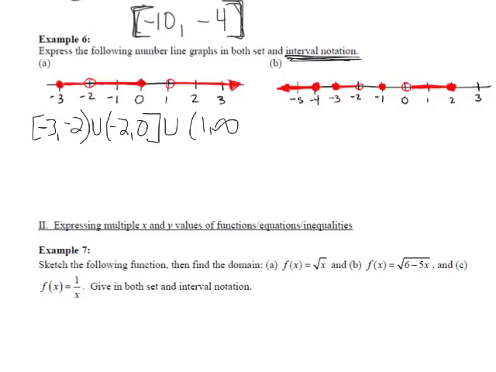And remember, infinities always get soft parentheses. If I wanted to write this in set, I would say the set of all x such that negative 3 is less than or equal to x is less than negative 2, or negative 2 is less than x is less than or equal to 0, or x is greater than 1.